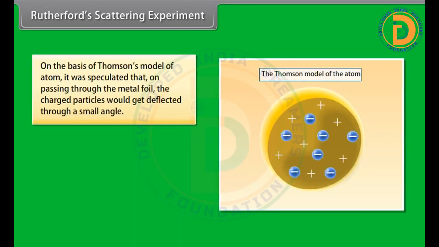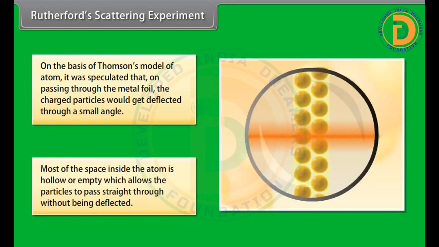On the basis of Thomson's model of atom, it was speculated that on passing through the metal foil, the charged particles would get deflected through a small angle. 1. Most of the space inside the atom is hollow or empty, which allows the particles to pass straight through without being deflected. 2.